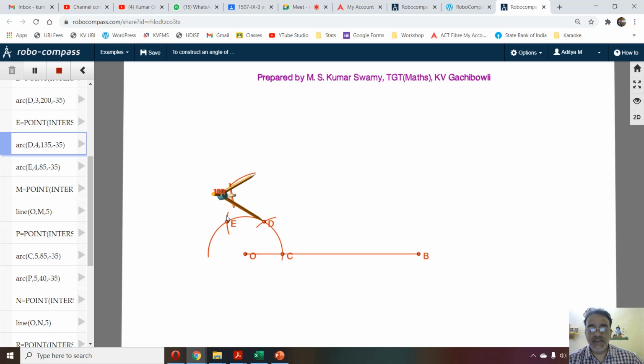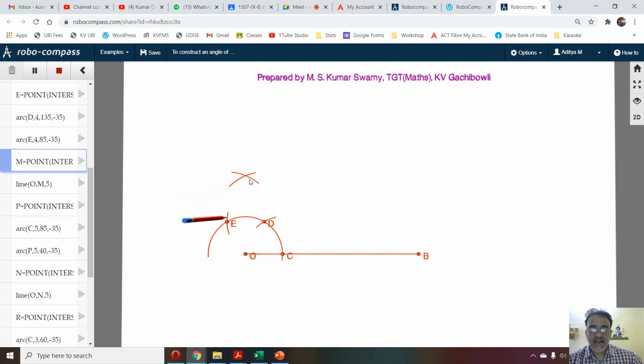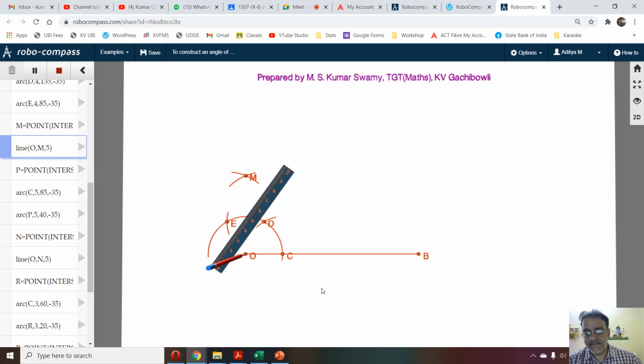So both the arcs will intersect at point M. Already we have seen this in the previous construction. Let this point be M. Now we have to draw a line through OM that completes 90 degrees.